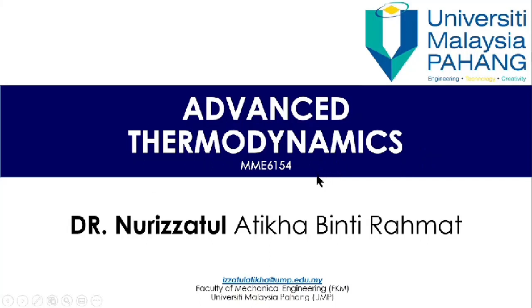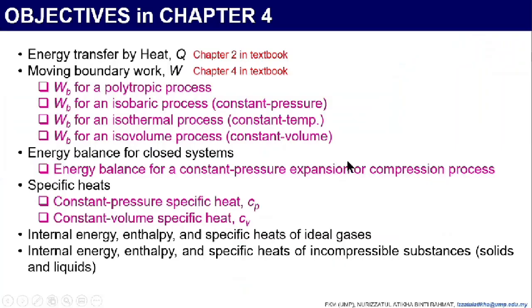So I will continue my lecture on this course, Advanced Thermodynamics, MME6154, for the fourth chapter, the first law of thermodynamics. In this chapter, we will learn about the energy transfer by heat and also moving boundary work. These two chapters are actually available in Thermodynamics by Cengel at chapter 2 and also chapter 4 respectively.